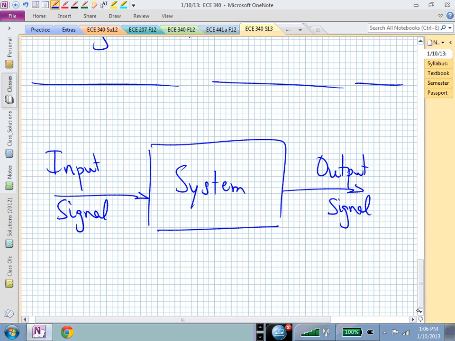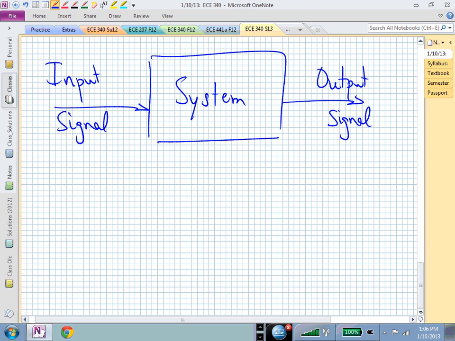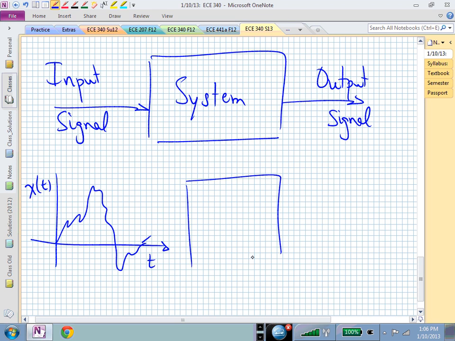If we were in continuous time, maybe your input signal looks something like that. This might be, let's say, x of t. If we're in continuous time systems, now we can model our system by differential equations.